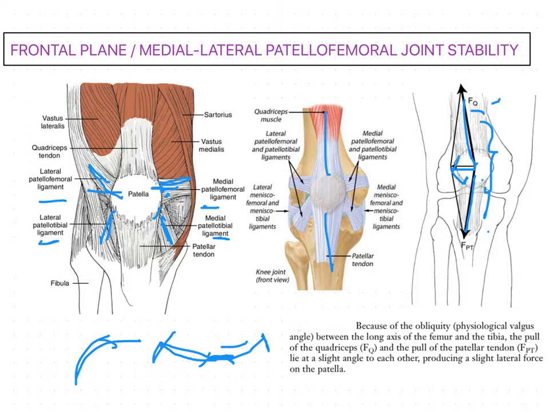So normally during full extension it has some instability, and there is not that much contact between the patella and the femoral condyles because of the action of the patellar tendon and quadriceps tendon. And in the case of genu recurvatum, what is happening?